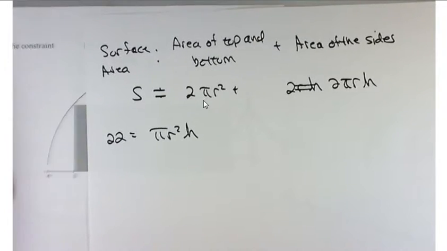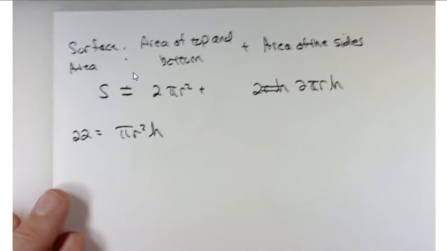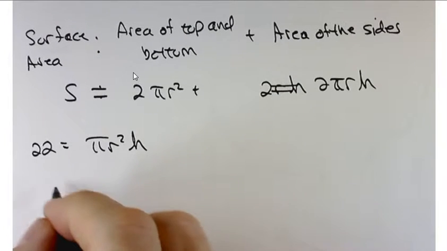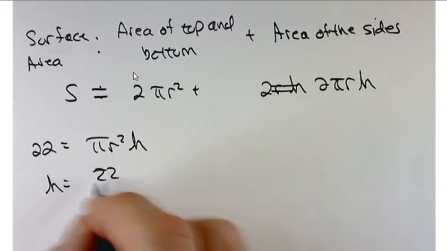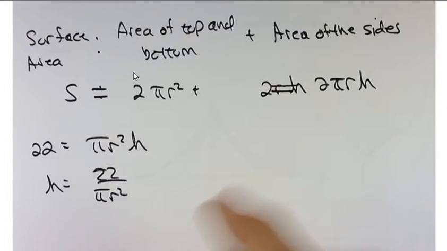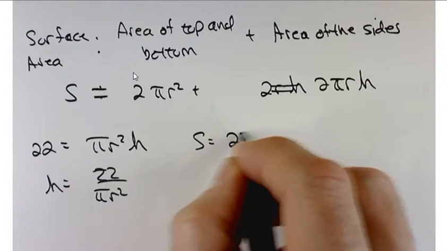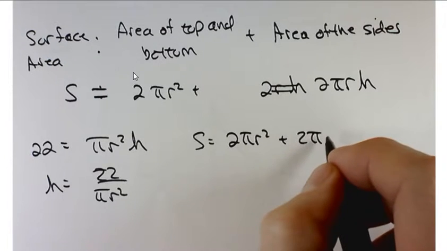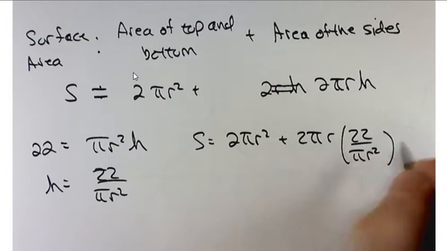All right. It's looking better. So pi r squared times h. How does that help me out? Or does it? Yeah, you can solve for h. So h equals 22 divided by pi r squared. And we can plug that into our formula over here. S equals 2 pi r squared plus 2 pi r times 22 over pi r squared.